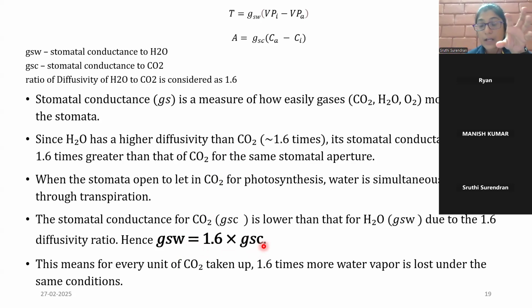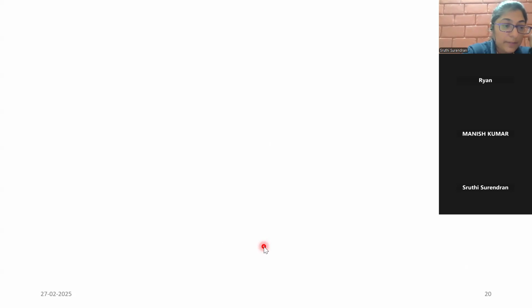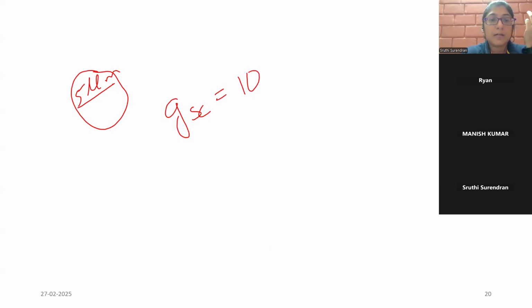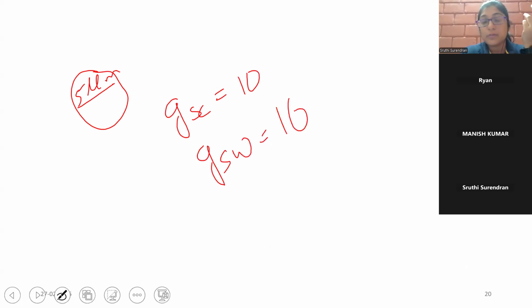So for a particular value of photosynthesis, we are going to lose 1.6 times the same concentration of water vapor with that rate of stomatal conductance. So if the stomata is open like this and it is 5 micrometers, we can say that if the stomatal conductance GSC is equal to 10 for carbon dioxide, then GSW is equal to 16 for water.